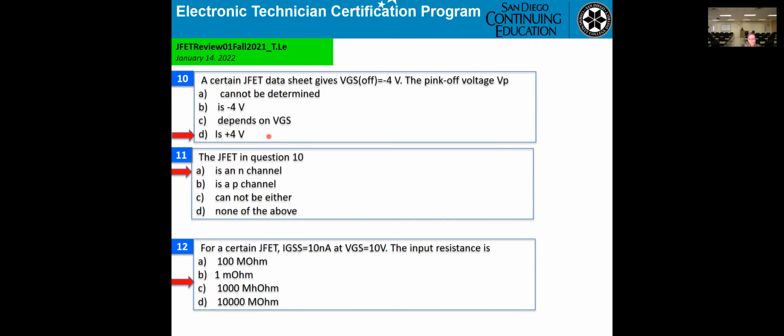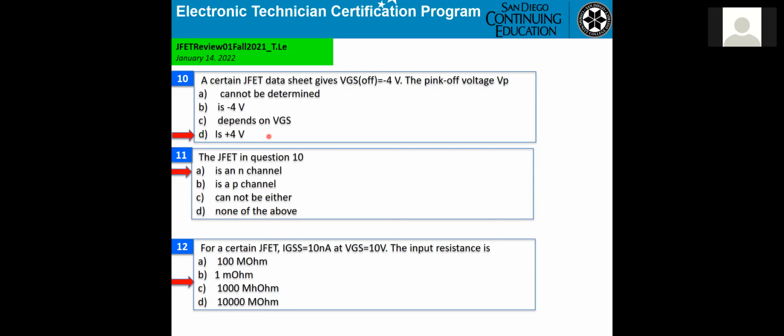Why N channel? This is a very, very basic thing I gave to you guys. The pinch-off voltage is +4, so VGS off has got to be -4.